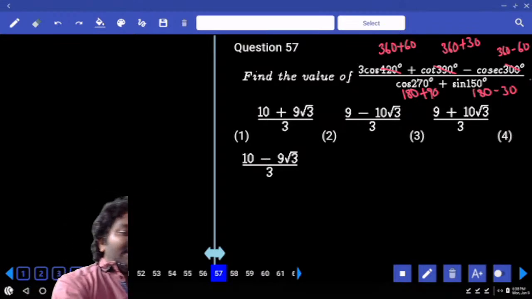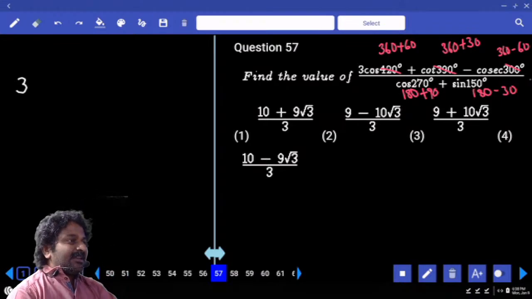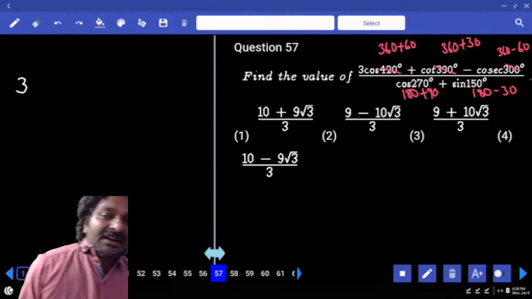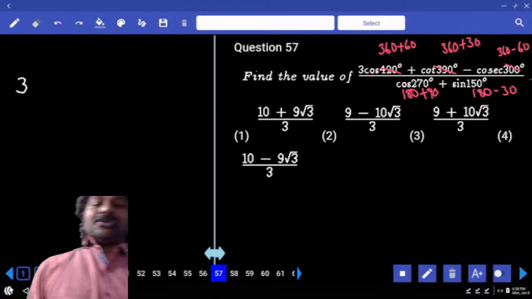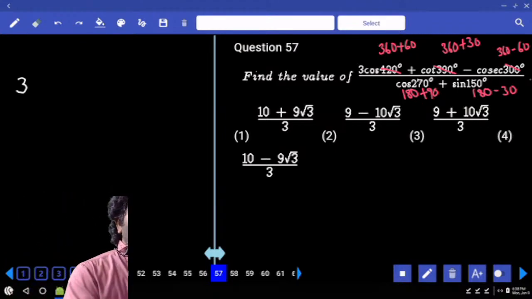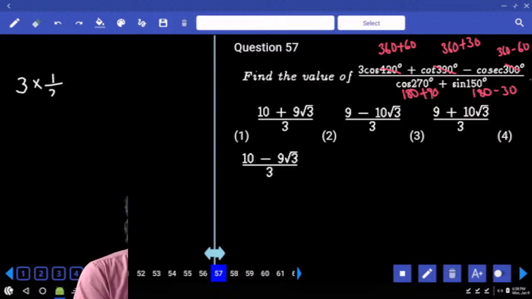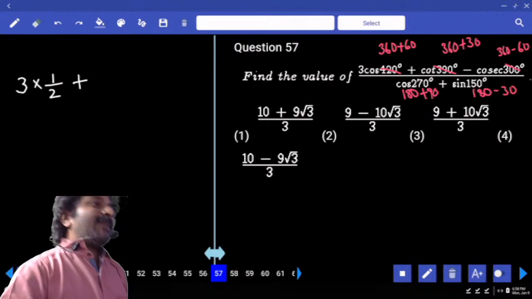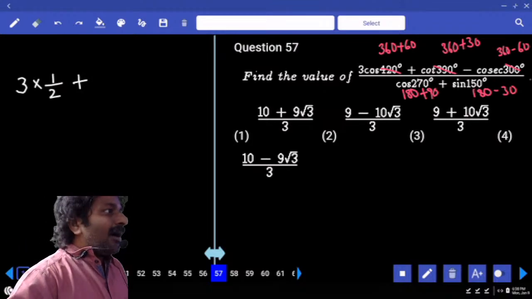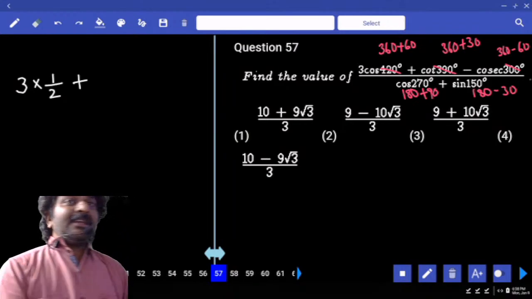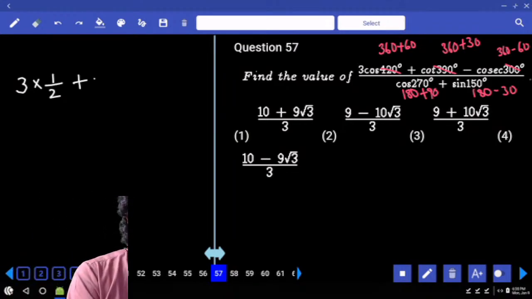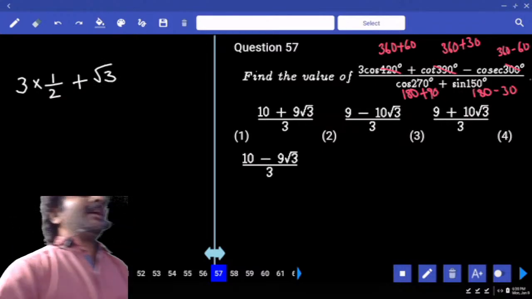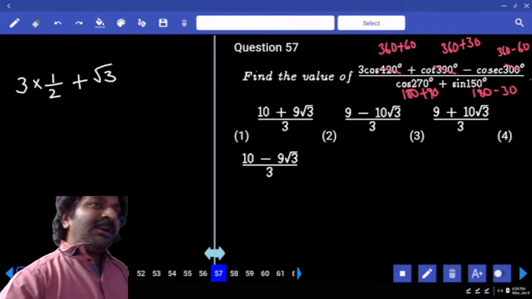First number: 3 times cos of 360 plus 60. 360 plus, in the sense, which quadrant is that? First quadrant. In the first quadrant all are positive. Cos 60 is 1 by 2. Plus cot of 360 plus 30, again first quadrant, all are positive. Cot 30 is root 3. Minus cosecant of 360 minus 60. 360 minus, which quadrant is that?